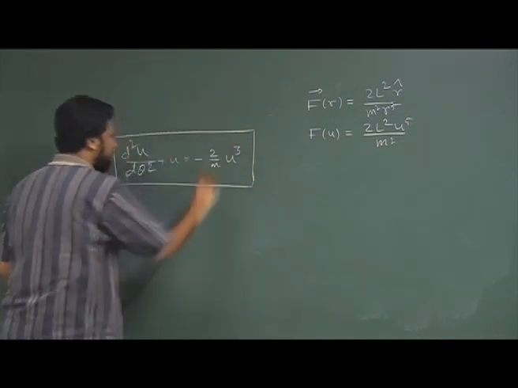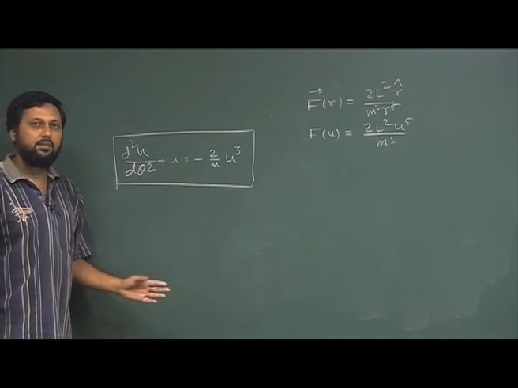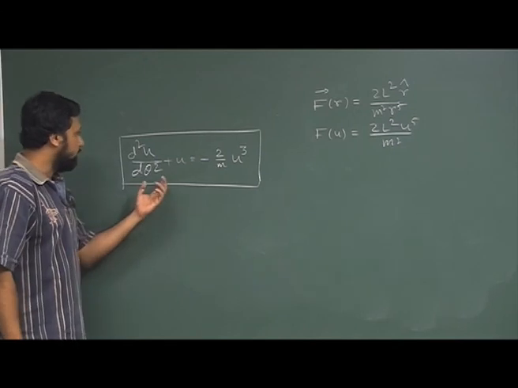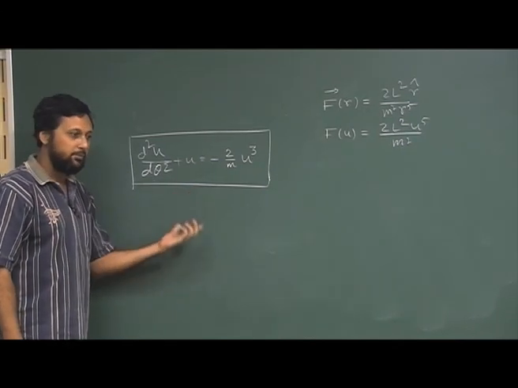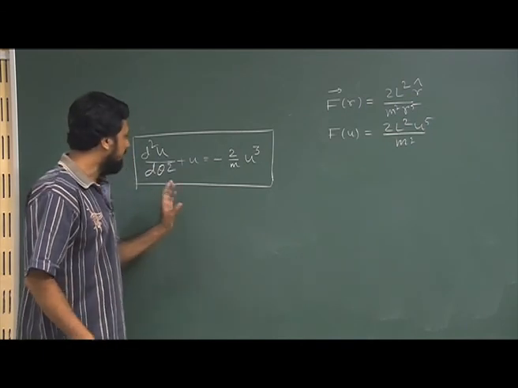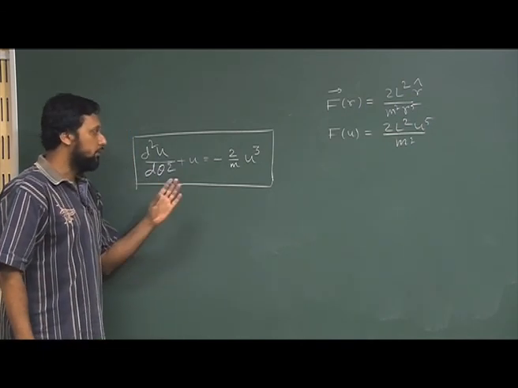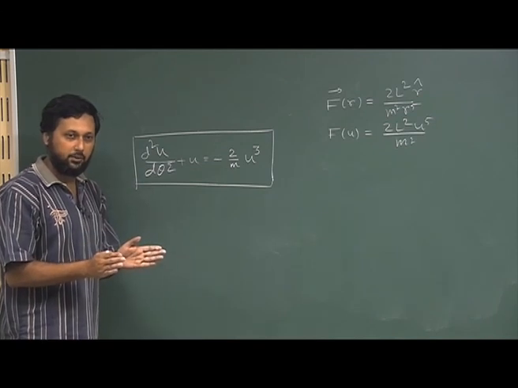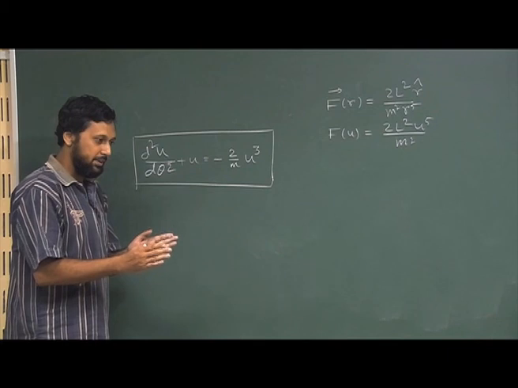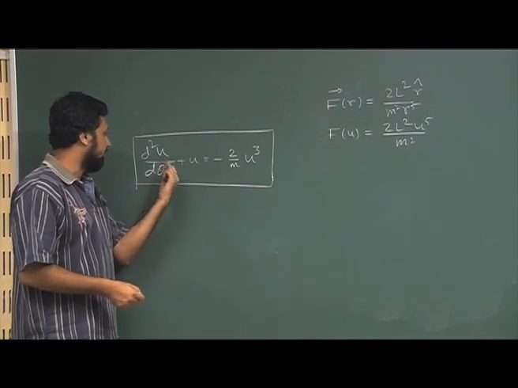All the problems that we have described here are very simple problems. In reality, sometimes we have to solve this differential equation. We will take up some more examples as we go on in our classes. But right now, I just wanted to show you how to use this particular form of differential equation for connecting u and theta.